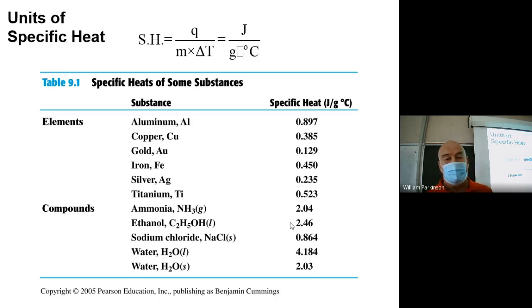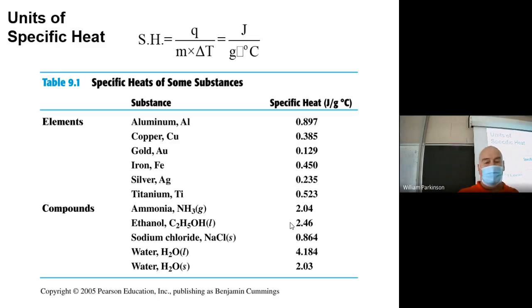Now you'll notice the size of these numbers are all relatively small. These numbers are not big, but you should notice that, for instance, the number for liquid water is 4.18, compared to the number that I'm showing here for, let's say, copper, 0.38.